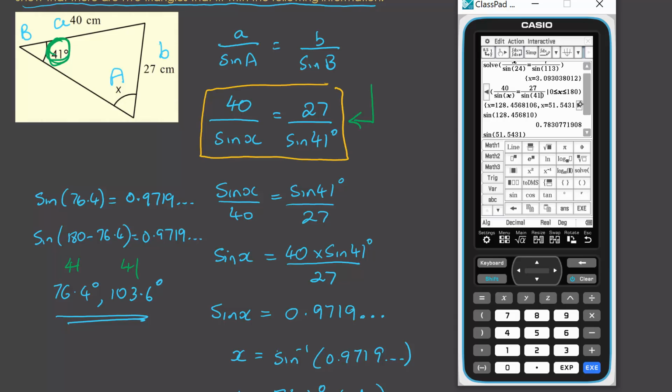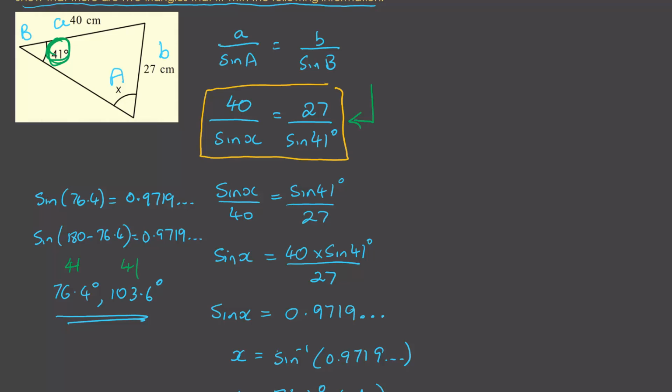And remember, I've got my given line. I know I'm looking for answers between 0 and 180. And I get the 103.6 and the 76.4. So, there are two triangles.